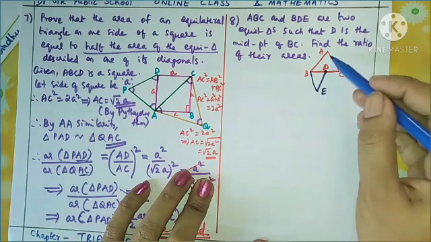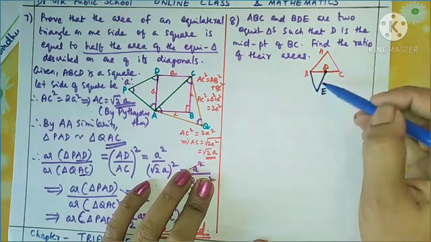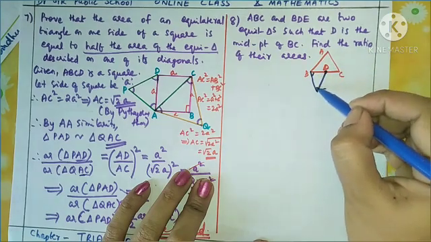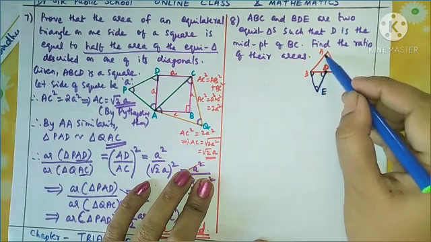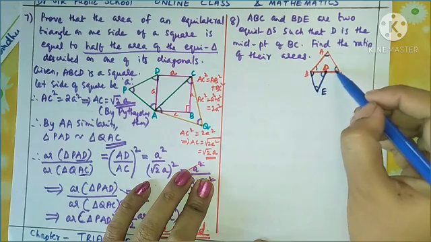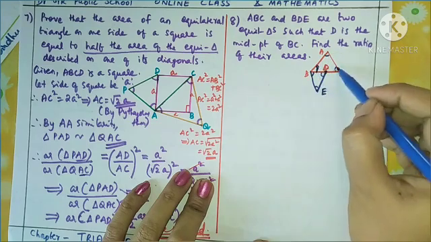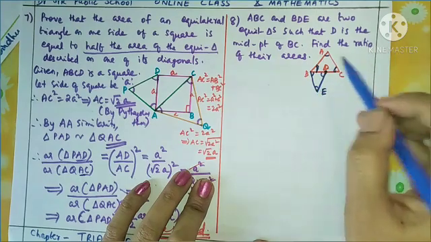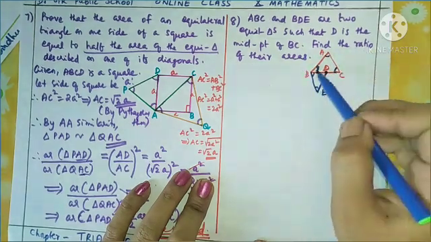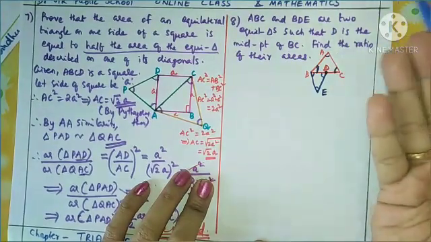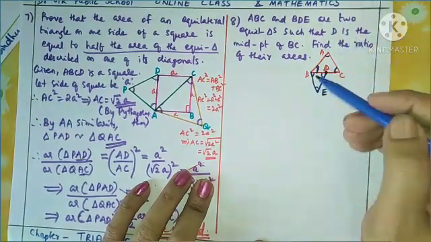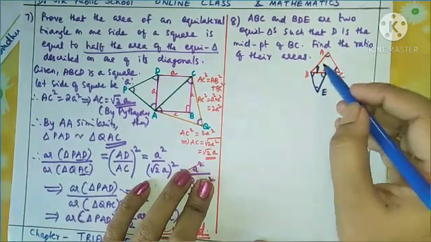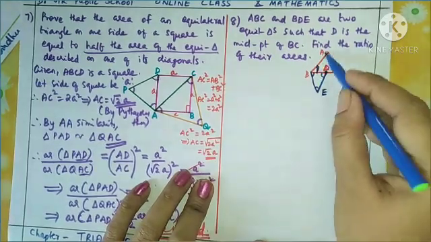Now these two triangles are equilateral triangles. Because they are equilateral, you know the three angles are equal, all 60 degrees each. So anyway, these two triangles are similar to each other. We need to find the ratio of their areas. Here we are considering equilateral triangle ABC.